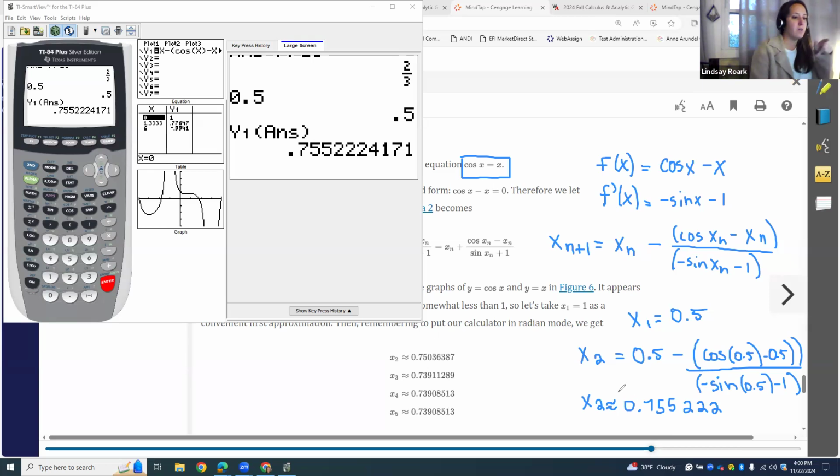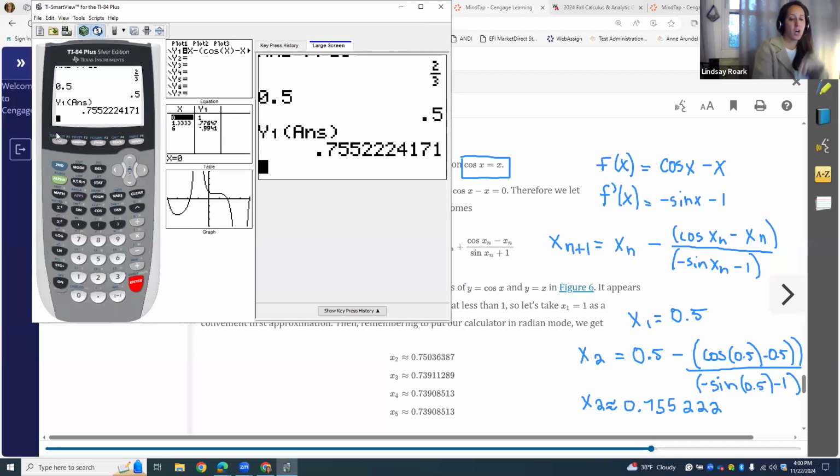So we want to take this x2 value and put it in for x. The reason I like to do this is it's real simple, because all I need to do now is recall the exact same thing I just put in. If I do y1 of answer, it's going to take this 0.75522417 and put it into y1. There are a few ways you can do this.